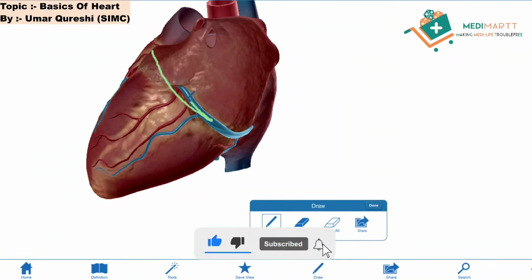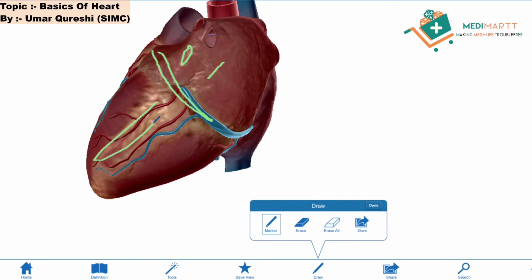This is the left auricle. It comes in between the left auricle and the left ventricle. That's the point, and it lodges the following structures. What are the contents of this left atrioventricular groove?